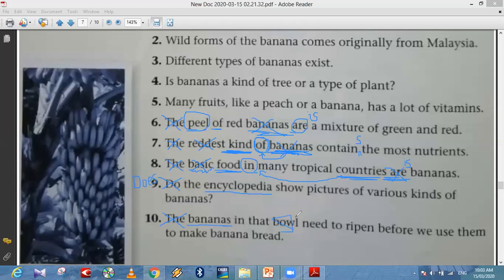Because it's the object of the preposition in. Okay, so the correct verb is need or needs? Need without S. The bananas, plural, the verb without S. So this sentence is correct. Thank you.